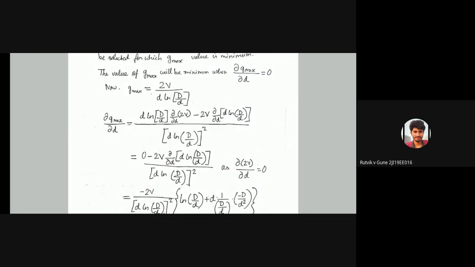Whenever you determine any maxima or minima, you provide the differential of that equal to 0. We determined the g max value, and that value only you differentiate, and after differentiation you equate it with 0. That is, delta g max by delta d is the derivative of g max, equal to 2V divided by d ln(D/d).